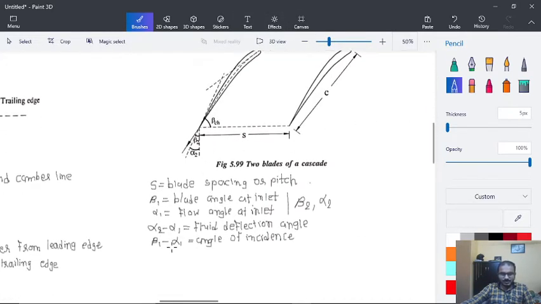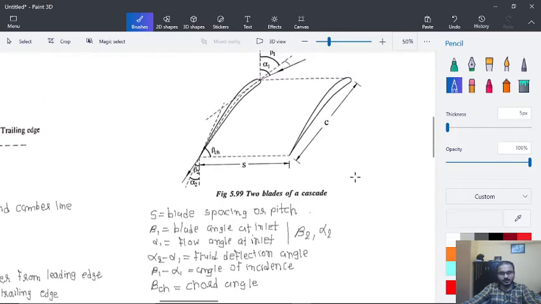The last one is beta CH, which is equal to the chord angle. So that's all we have in the nomenclature of cascade.